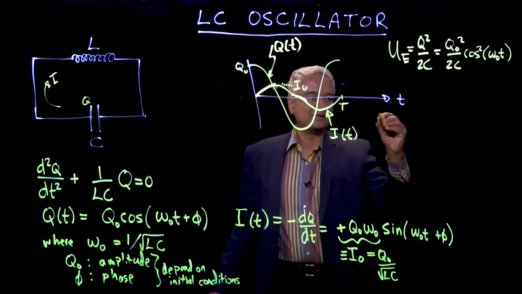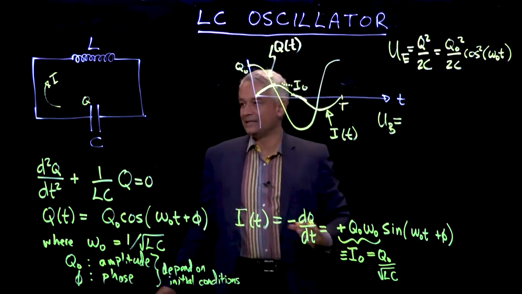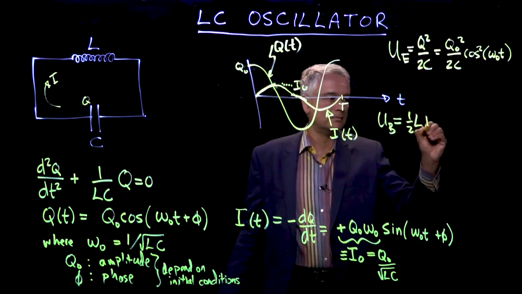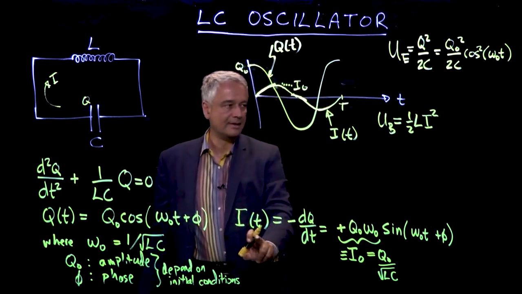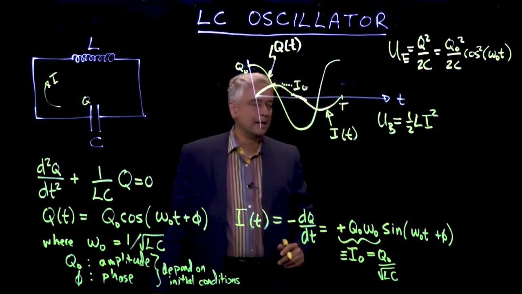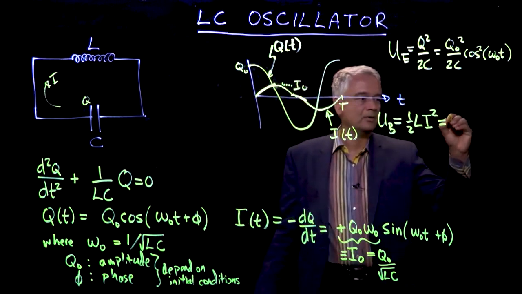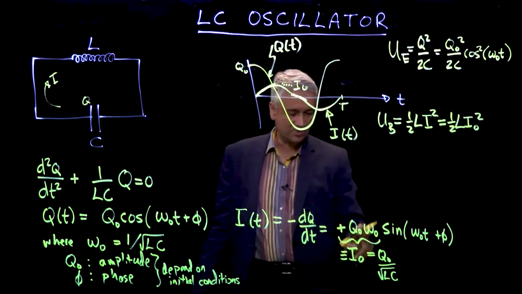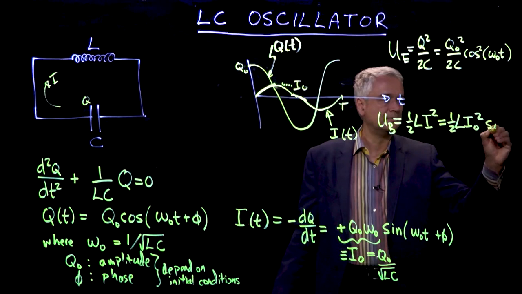Now what about the magnetic field energy? Well, the magnetic field energy in the inductor is 1/2 L i squared. And here's my I, so it's 1/2 L times this squared. And so that is 1/2 L I naught squared times sine squared omega naught t.